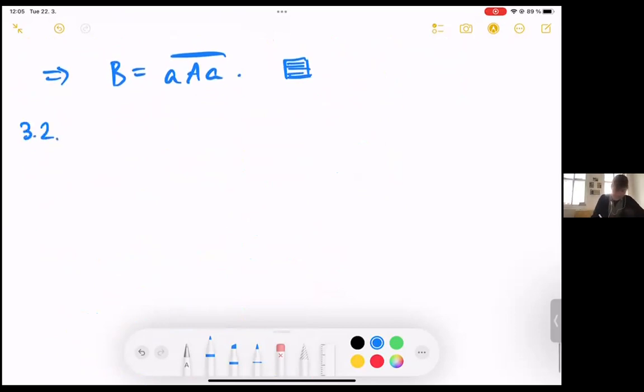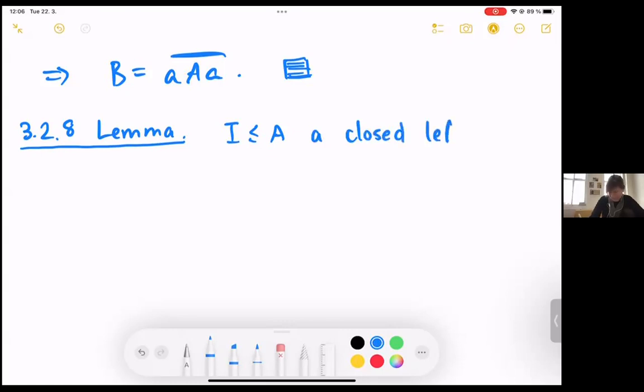Okay, so now we're going to see that hereditary subalgebras are in one-to-one correspondence with left ideals in A. So let I be a closed left ideal. If I say ideal, I usually just mean two-sided closed ideal, but I'm specifying that this is actually just a left ideal.